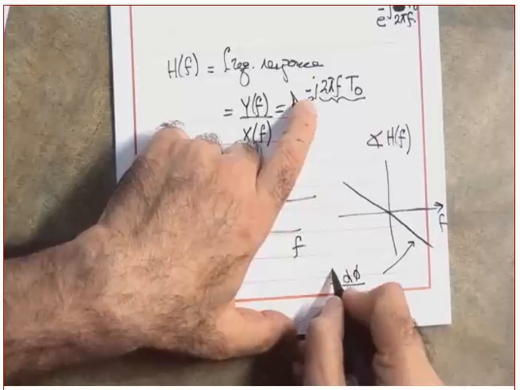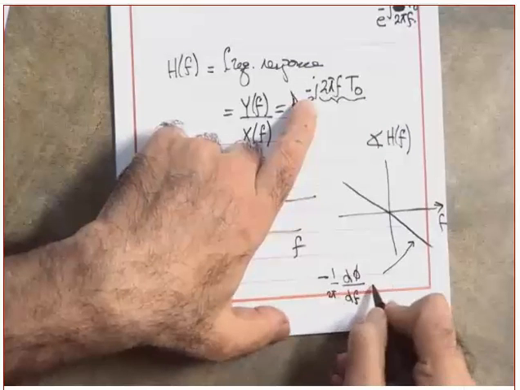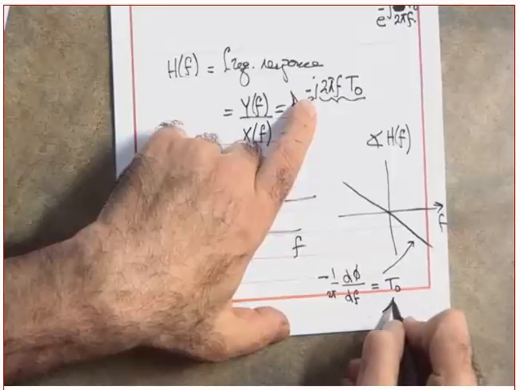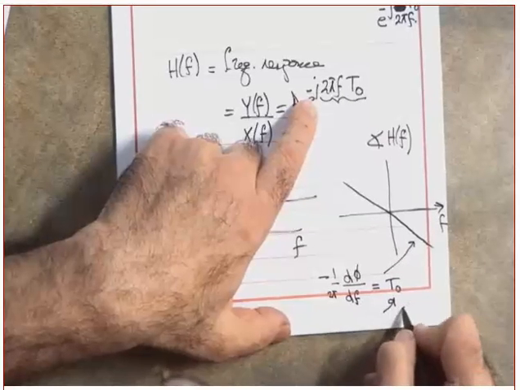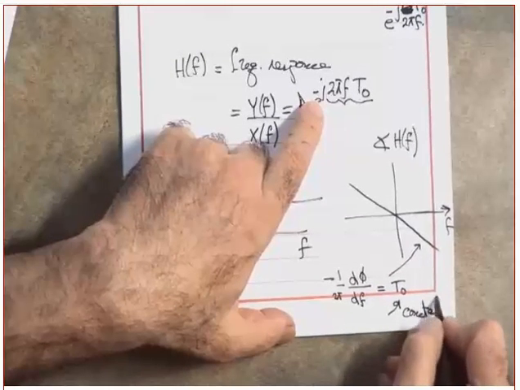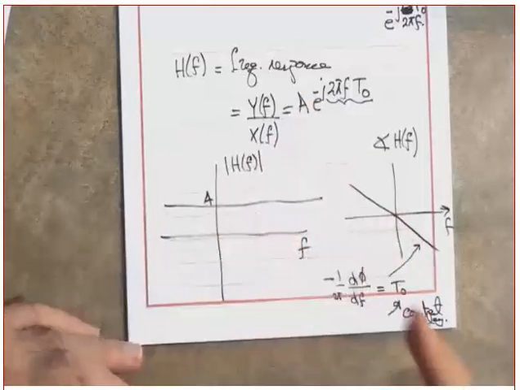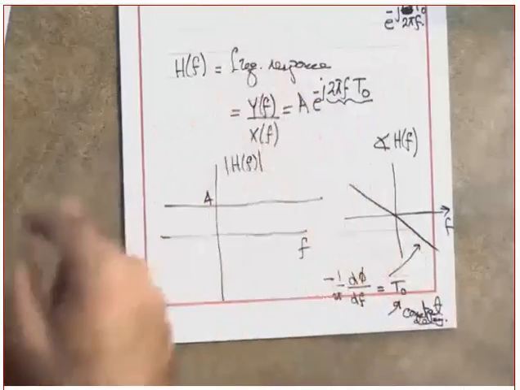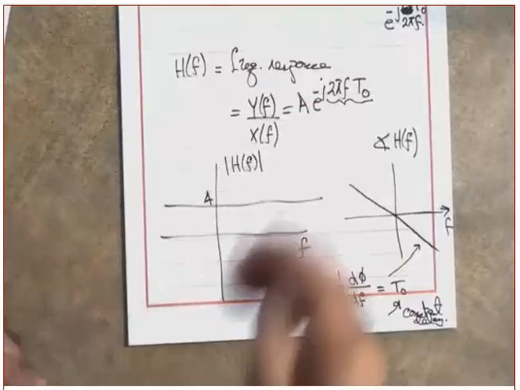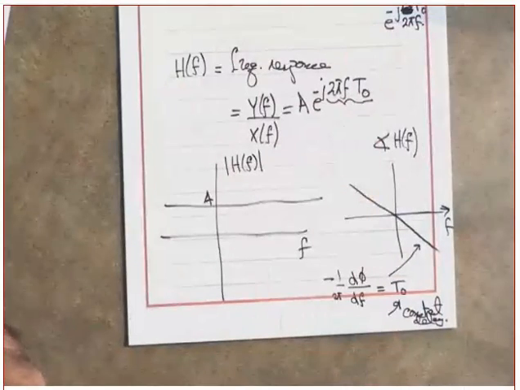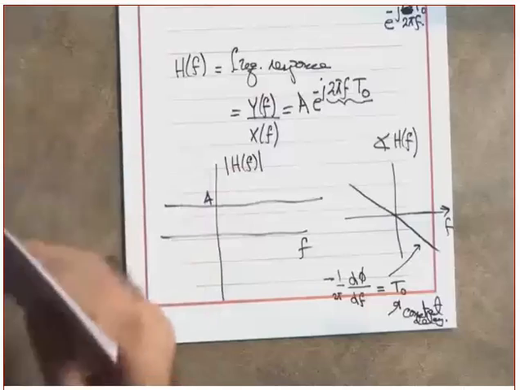Yes or no? Constant delay. That's constant delay. So if you see a phase which is linear, passing through the origin, that system does not introduce phase distortion.